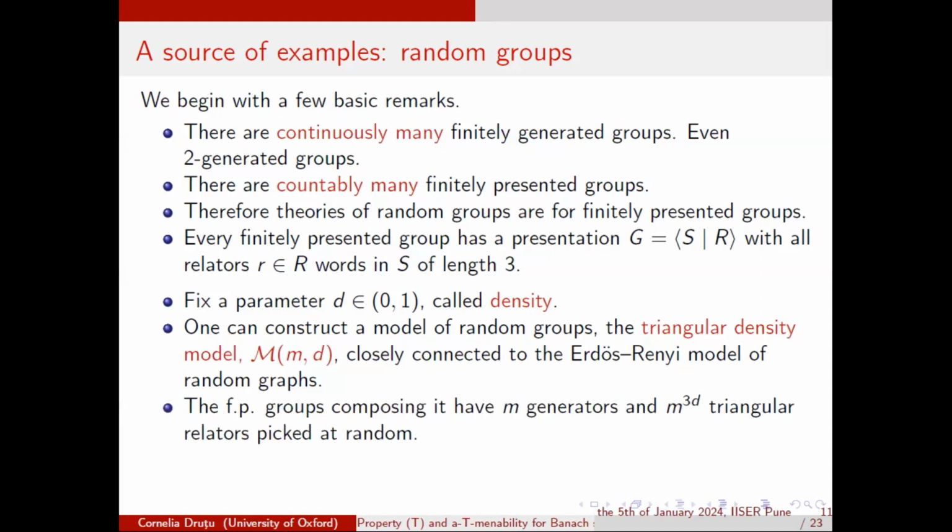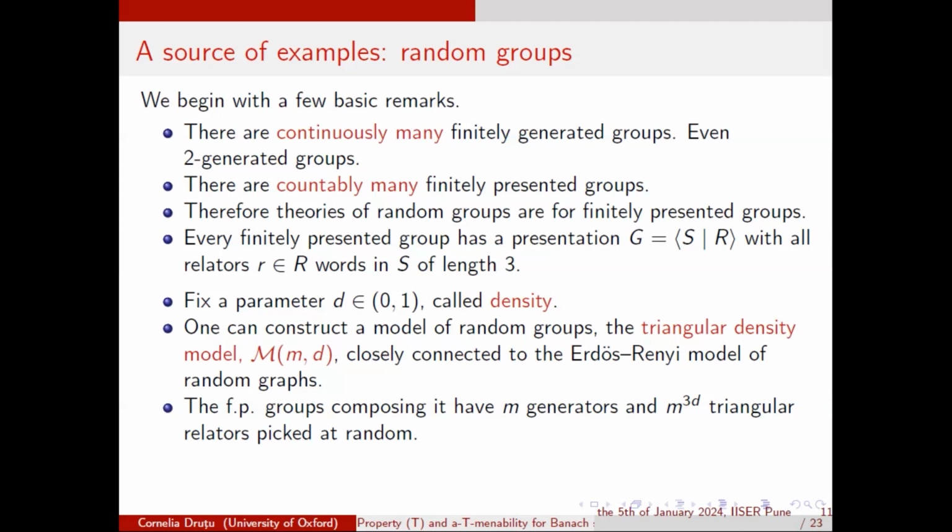And the model is this one. We fix an M, and we look at all the finitely presented groups that have M generators and relators of length 3. We look at all the relators of length 3, so their cardinality is of order M cubed, and then we take the power D of that.